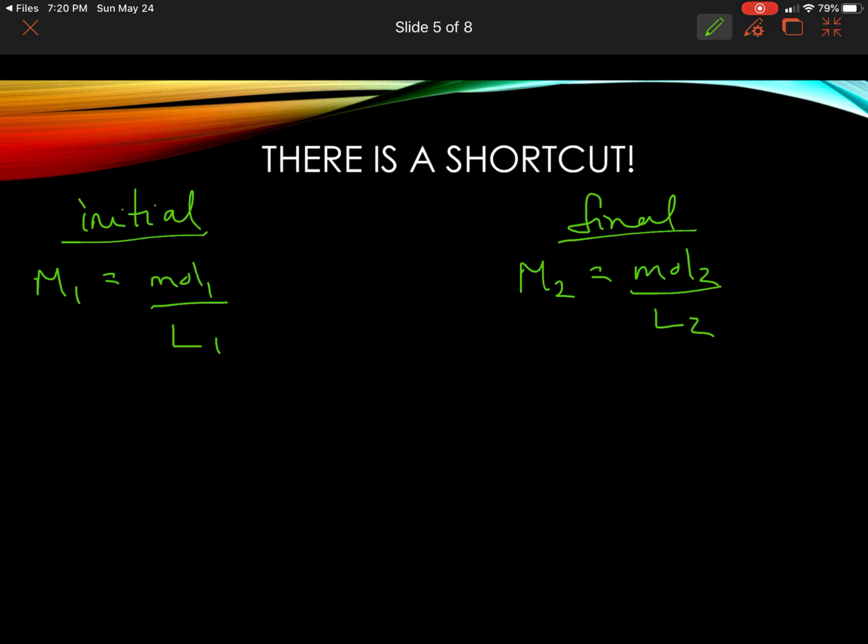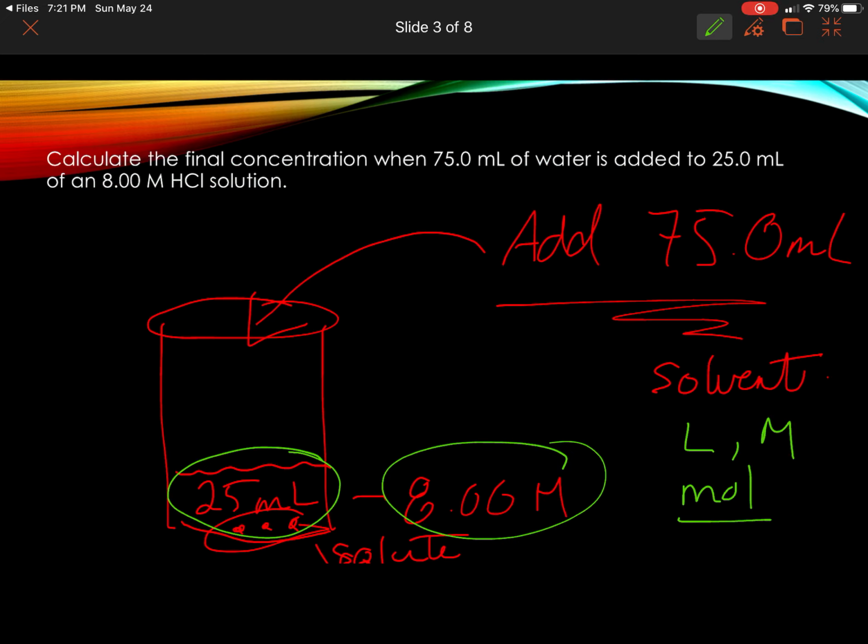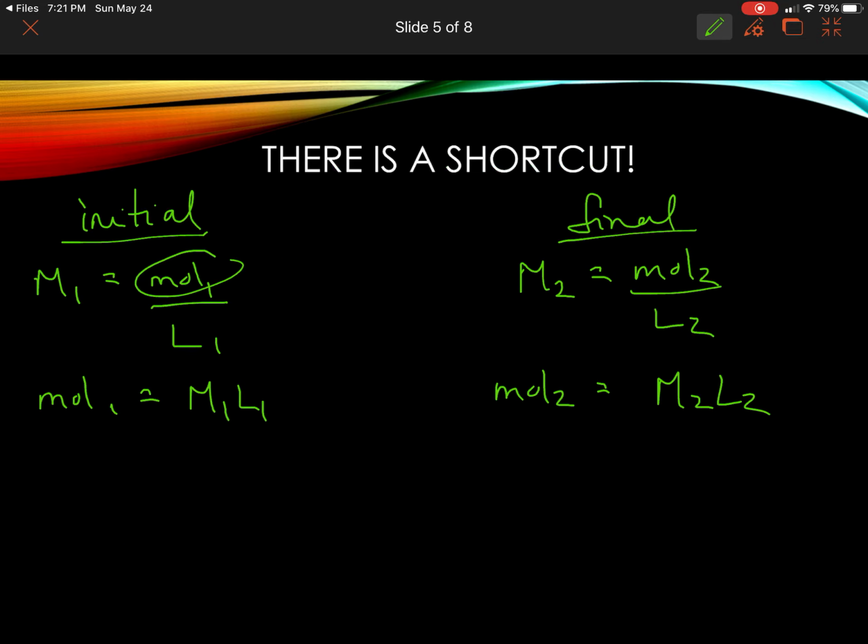And so what we know in these two things, before I do that, let's rearrange our formulas to solve for moles. So if I'm looking for moles here, it's going to be M1L1. Moles 2 over here is going to be M2L2. Now, what do we know about solutions like this? If we go back to the other slide, we knew that the moles doesn't change. So the moles of solute is constant. No matter how much extra solvent you add to it, the moles of the solute does not change.